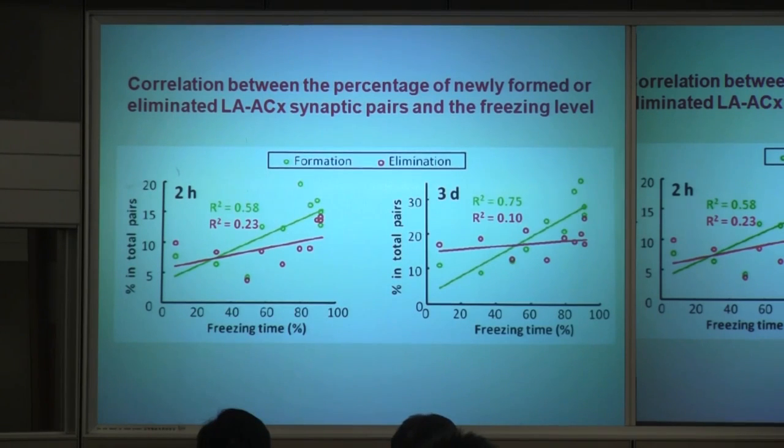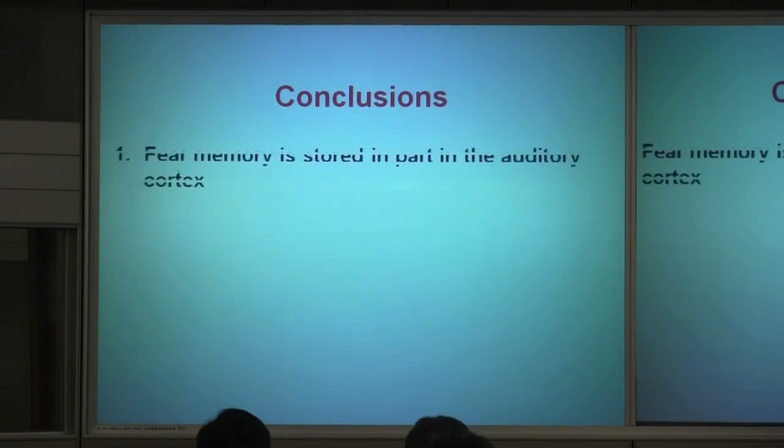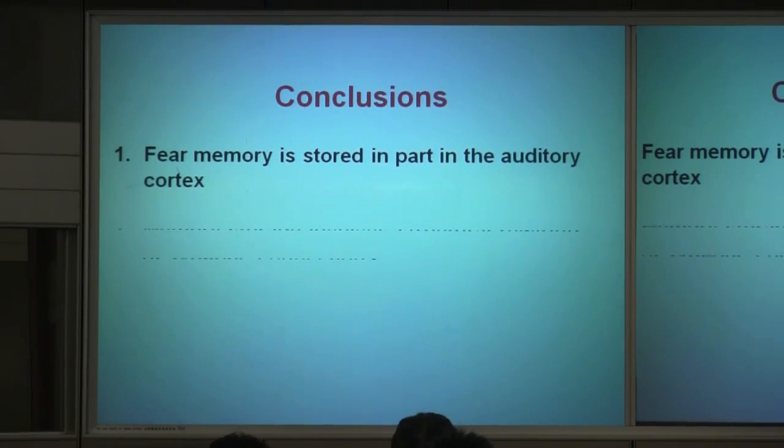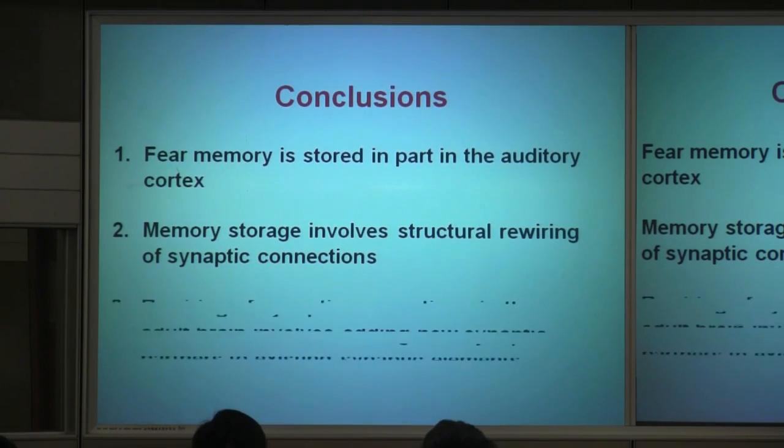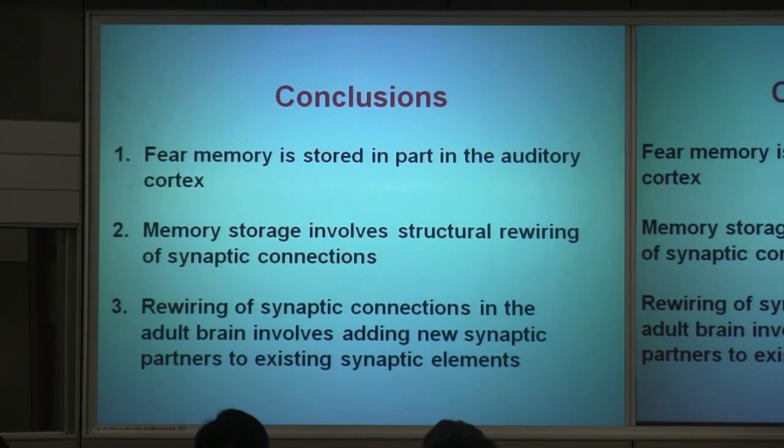So this supports the idea that the fear memory is stored in part in the auditory cortex, and memory storage involves structural rewiring of existing connections. And the interesting thing is that this is rewiring of synaptic connection in the adult brain, adding new synaptic partners to existing synaptic elements. That's how rewiring is happening.